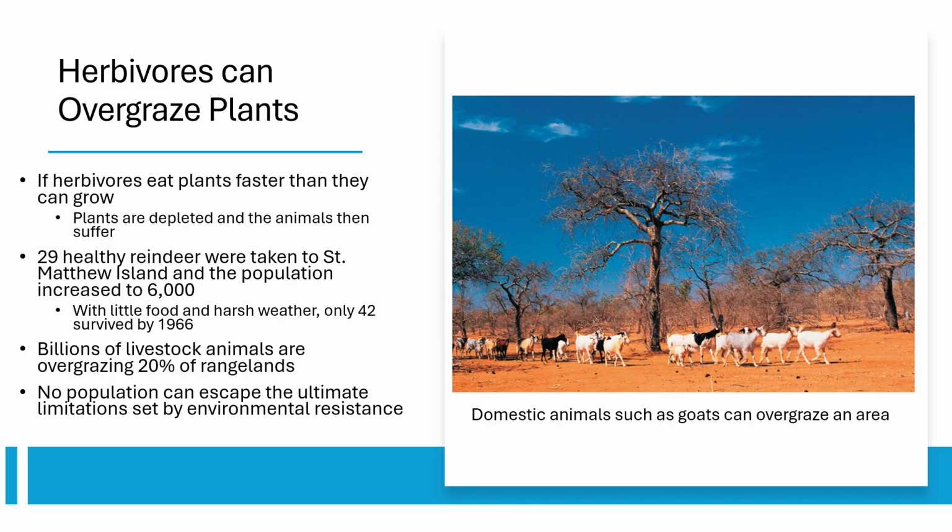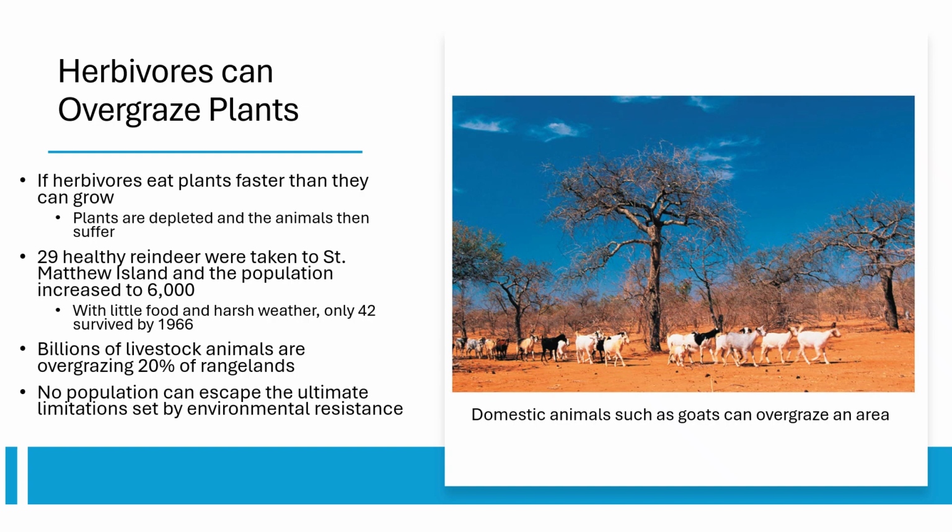Today, we know that the livelihood of people relies on livestock animals, and about 20% of the rangelands around the world are currently overgrazed. What we call rangelands is basically any natural or semi-natural area that is mostly covered by grass or small shrubs or small trees.